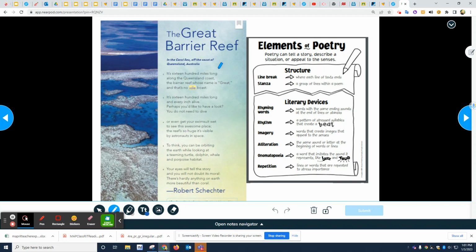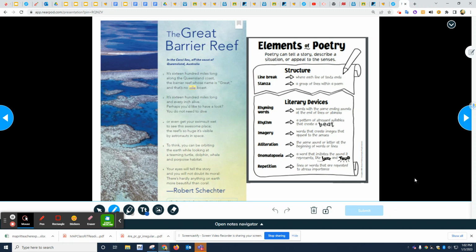You are going to use this Elements of Poetry anchor chart to help you recognize some things in this poem from HMH, which is called The Great Barrier Reef. Now, one thing that I would always suggest is do a read of the poem before you even start labeling and all of that.